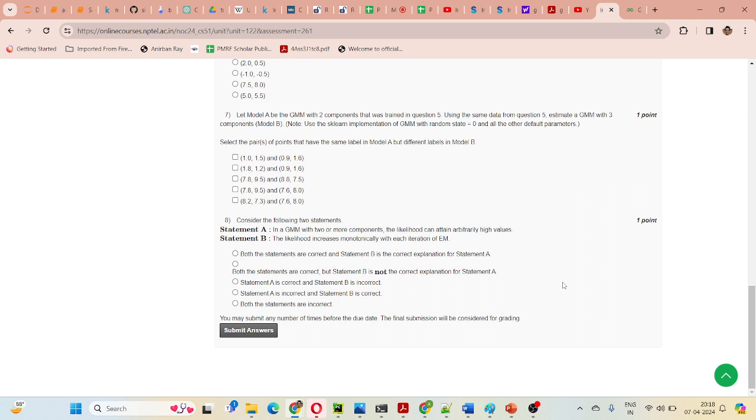Arbitrary high values: in calculation, it can happen. When you are coding, multiplying the likelihoods means the values are very small probabilities, and because the training examples are independent, multiplying over them can go to zero.